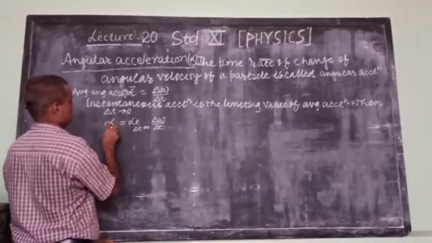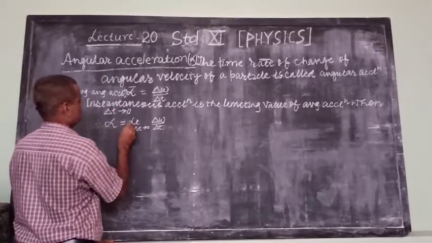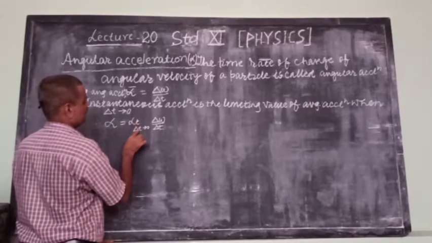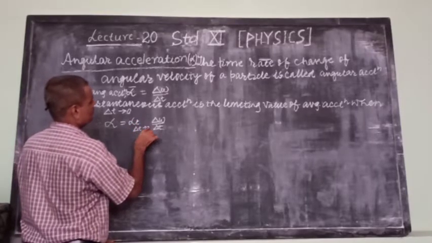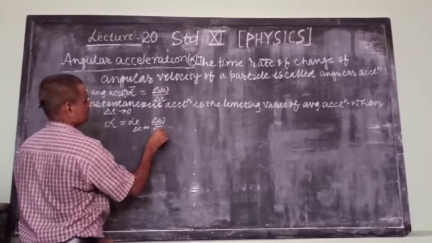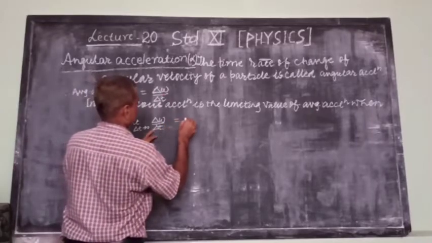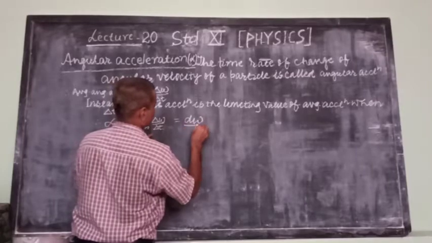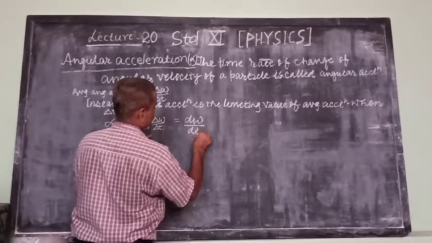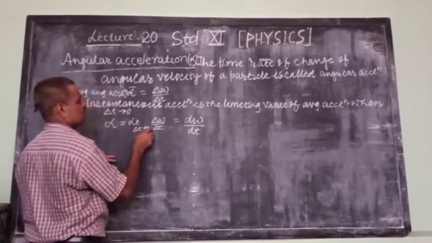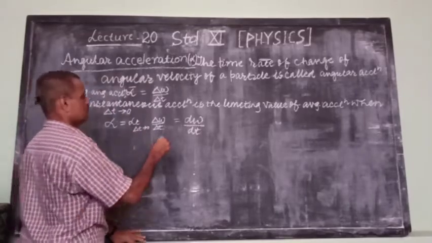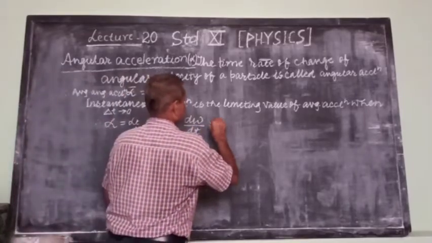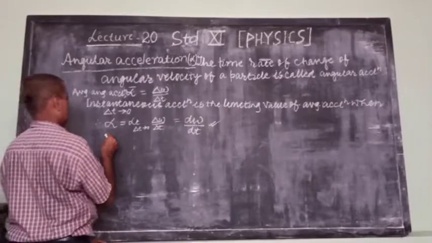Therefore, instantaneous acceleration alpha is equal to the limit as delta t tends to 0 of delta omega by delta t, and recalling your calculus, it can be written as d omega by dt. So this is the value of instantaneous acceleration.